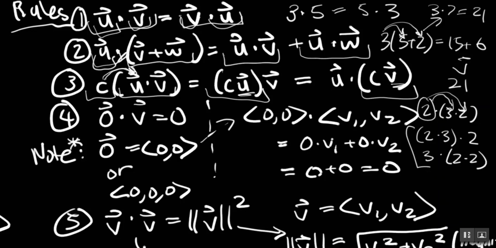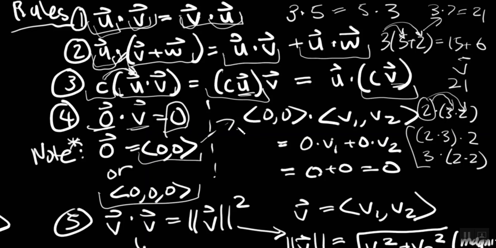So let's look at rule number 4. The 0 vector, and the 0 vector is simply 0, 0, or 0, 0, 0 if you're dealing with 3D vectors. And if you multiply the 0 vector by basically any vector, you'll get 0. And this might be pretty obvious, but let's prove it.